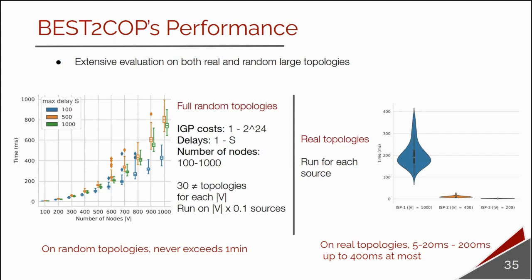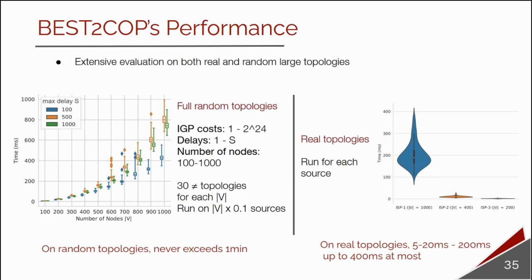On full random topologies, so we put random IGP costs and delays on a double full mesh graph, we never exceed 1 minute, even for 1000 nodes. But even though this is a pretty nice result, given the complexity of the problem, it's actually very far from what Best2Cup is able to do on realistic networks.